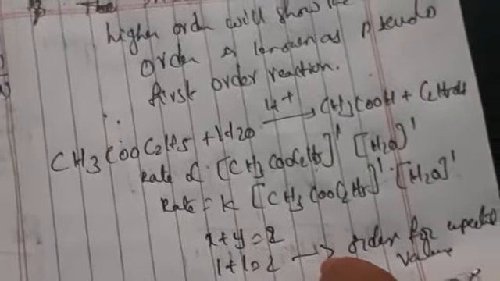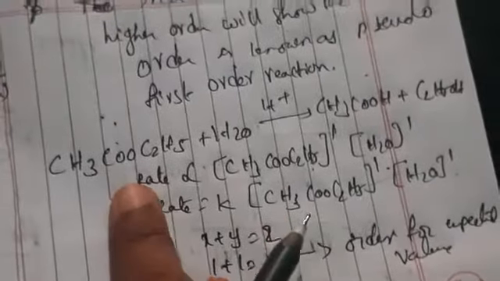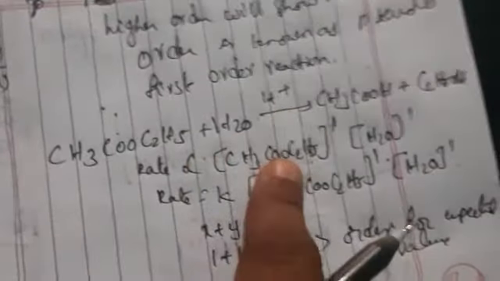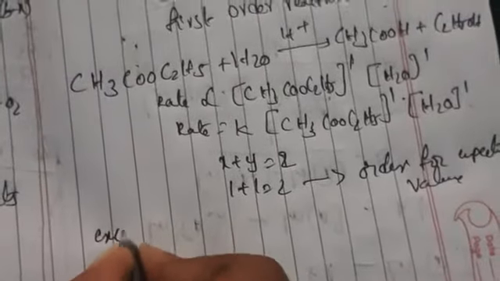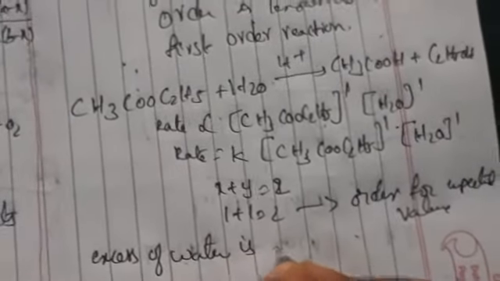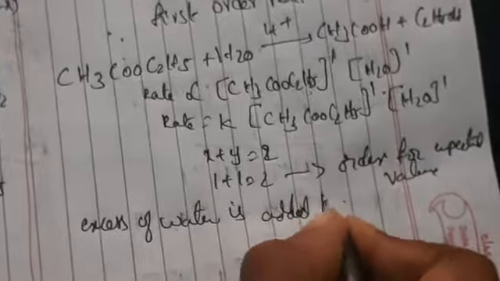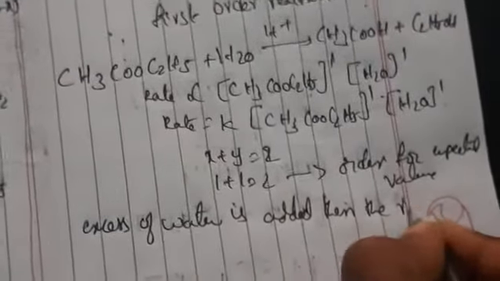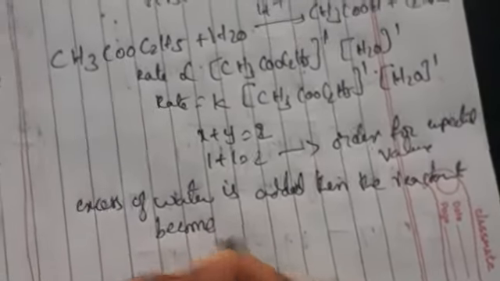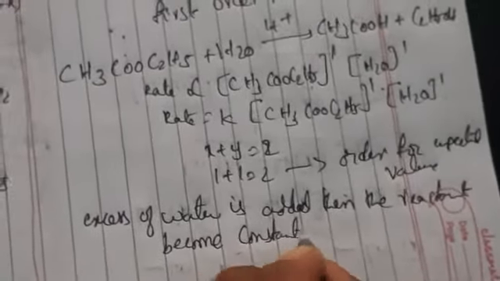Okay, but this is not the pseudo first order reaction. So what we have to get: the higher order is there, but we should show first order. Then how will it show first order? Why? Because whenever excess of water is added, the water concentration becomes constant.